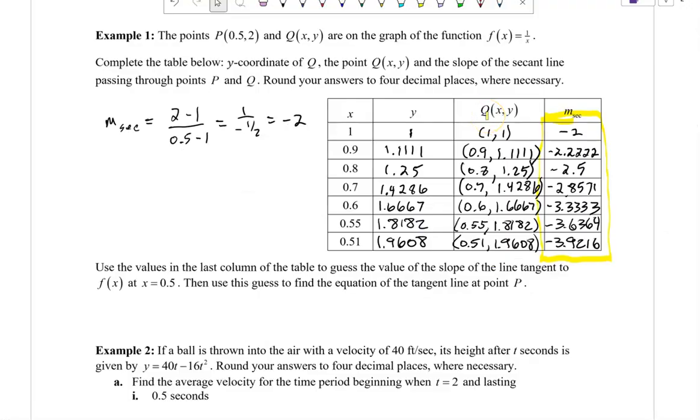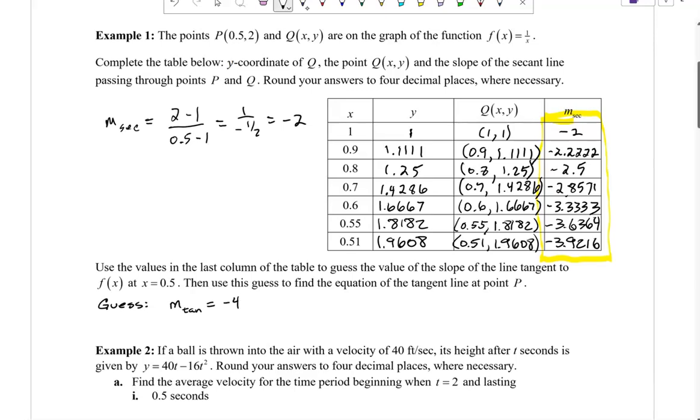So the question now wants us to use the values from that last column of the table to guess the value of the slope of the line tangent to f of x at x equals 0.5. And our guess is going to be a slope m, I'm going to put sub tan for the slope of the tangent, equaling -4.